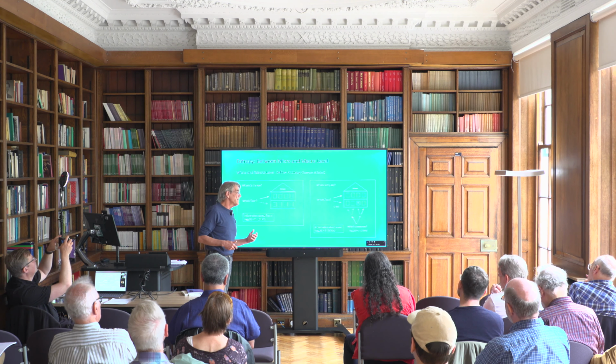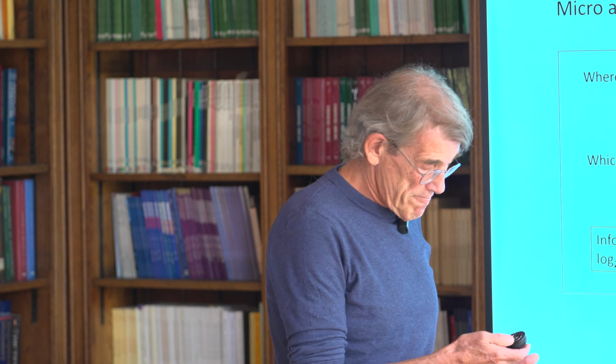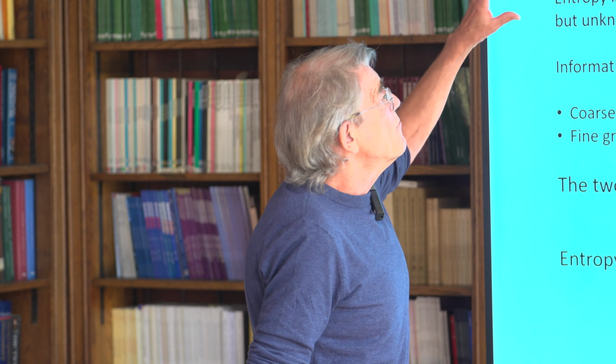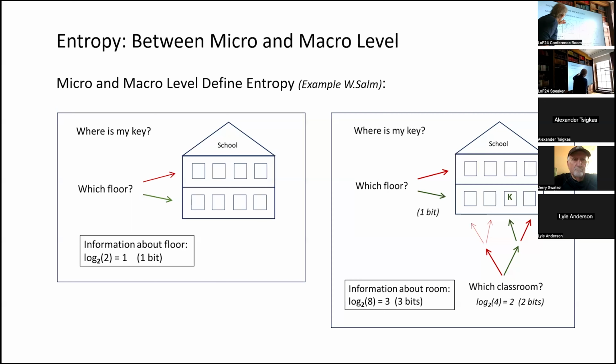Okay, about the entropy. There are 2 levels that define the entropy. If you look at these 2 levels, you have 1 bit. If you look at the level where you know nothing and then you know which floor, you have 3 bits, yeah? 2 and 1.